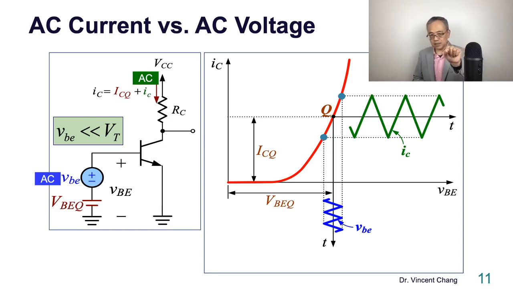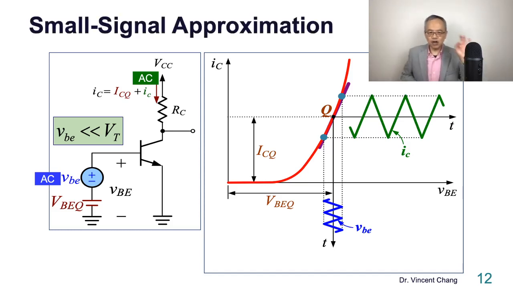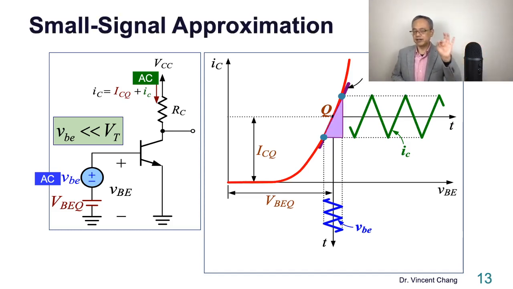Under this small signal condition, the exponential curve can be approximately treated as a straight line, and the slope of that straight line is defined as the transconductance.